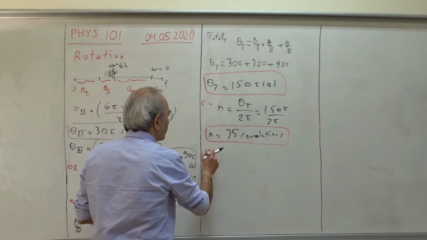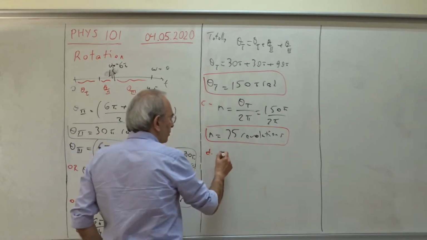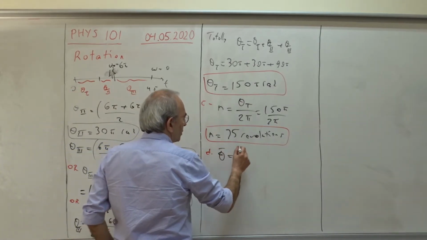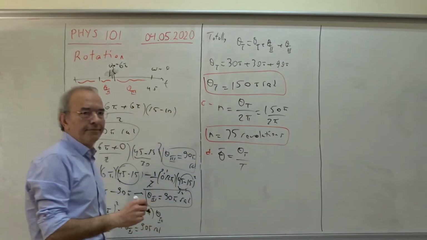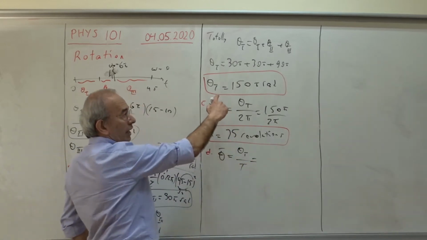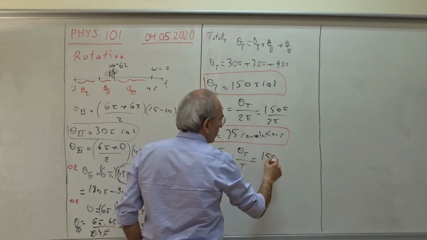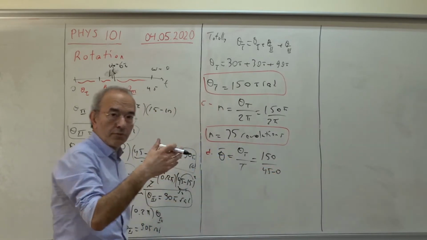And part B says, find the average speed. How do you get average speed? It is theta total divided by total time. Theta total is, go back to the angle, 150 pi divided by 45 minus 0 from the beginning.